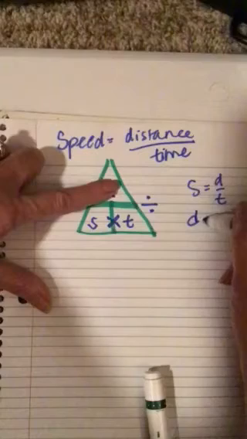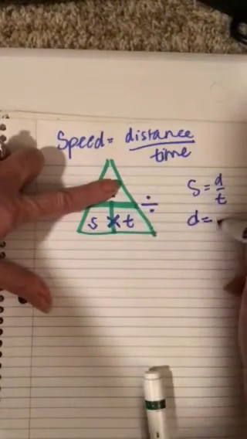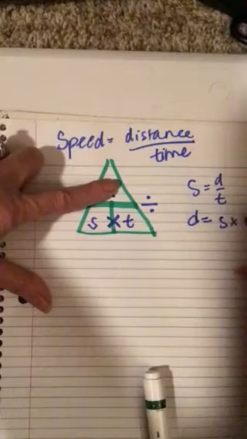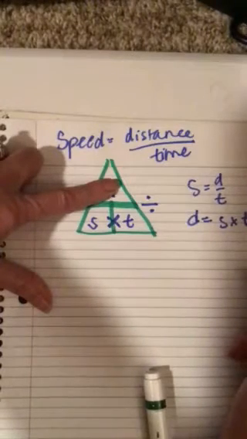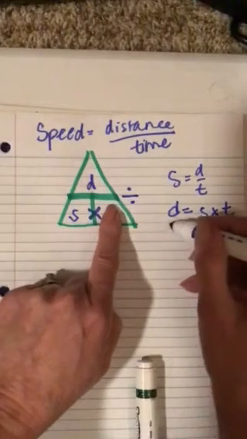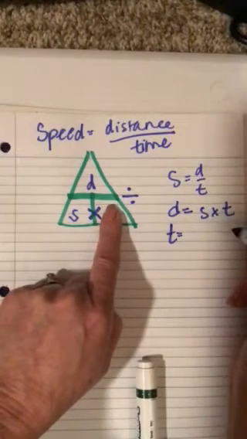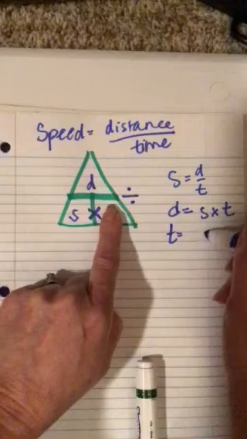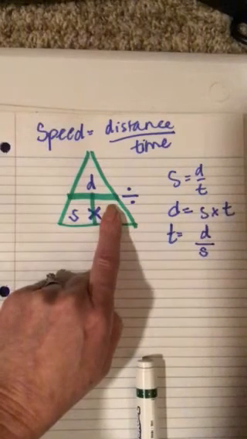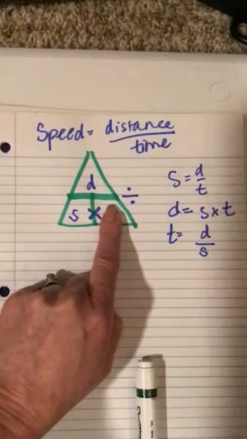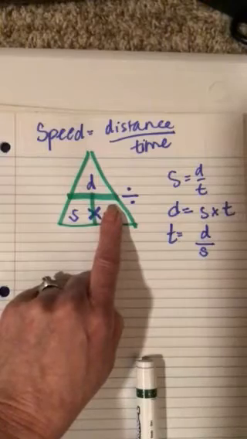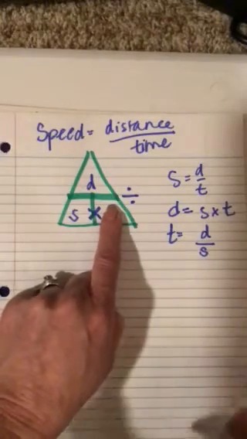If we're looking for distance, that would be equal to speed times or multiplied by time. And if we were looking for time, the problem asks us to look for time, we're going to take distance and divide it by the speed to get the time involved. So here are the ways that you can utilize your formula triangle to figure out what mathematical operation you need to work with.